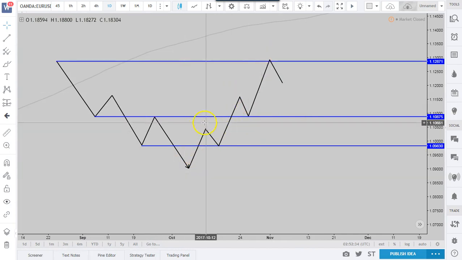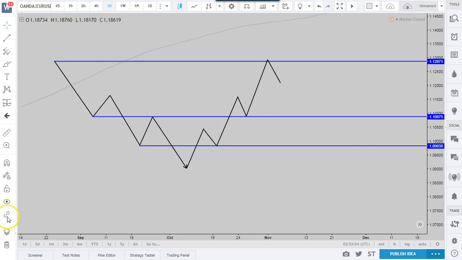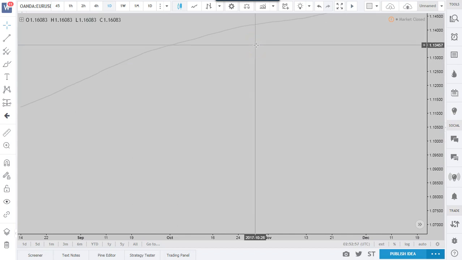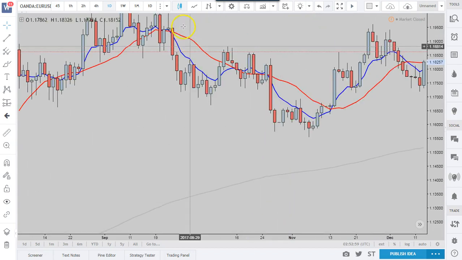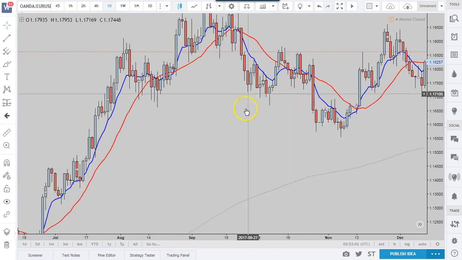So higher highs, higher lows, higher highs, higher lows, then lower highs, lower lows, lower highs, lower lows. So that's how the market is. I'm gonna show you guys in the actual charts. Let's go to the actual charts and look for something like that.